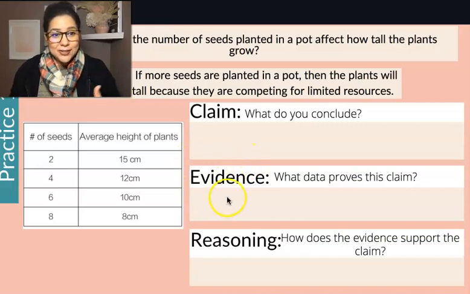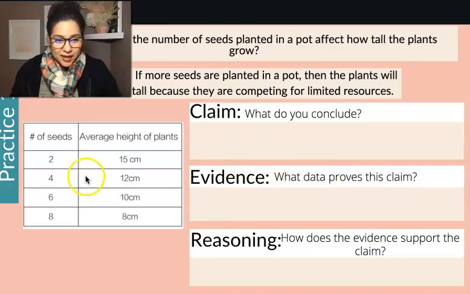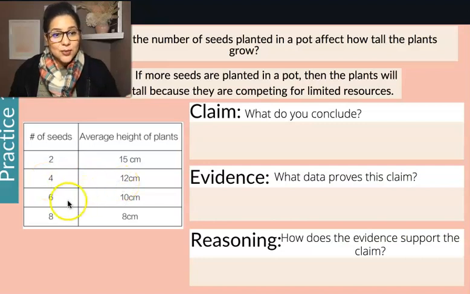Now, where is our evidence to support this, right? What data backs this up? Well, let's go over the table, right? When you had 2 seeds, the average height of the plant was 15 centimeters. When you have 4 seeds, the average height was 12 centimeters. With 6 seeds, the average height was 10 centimeters.